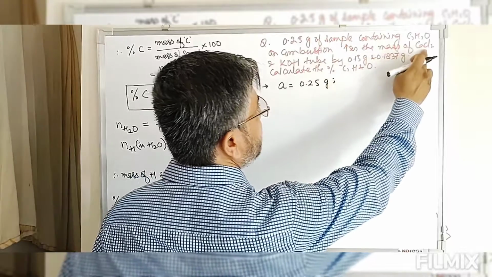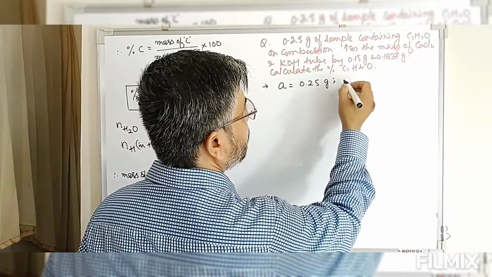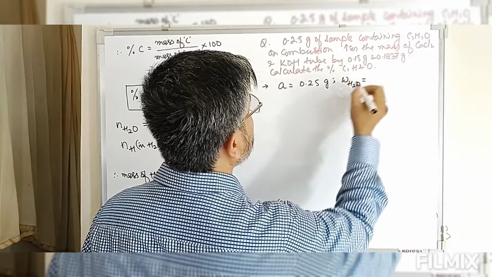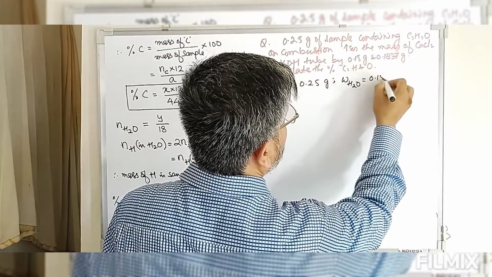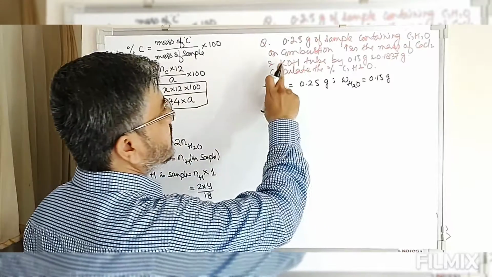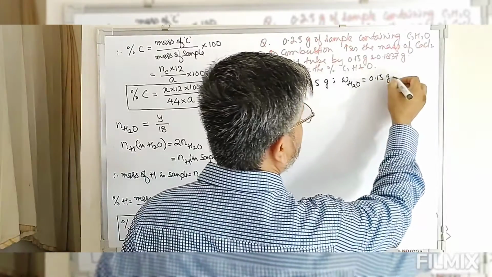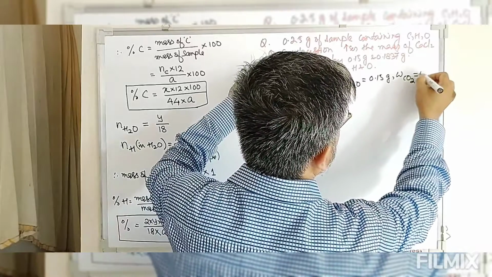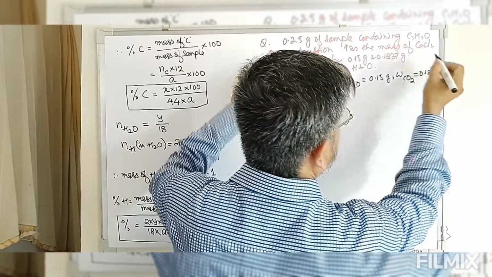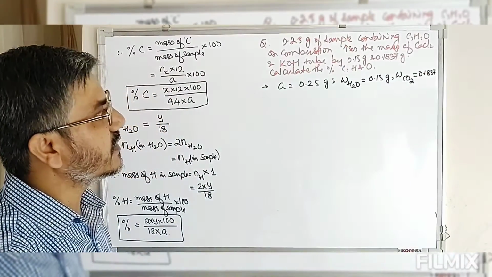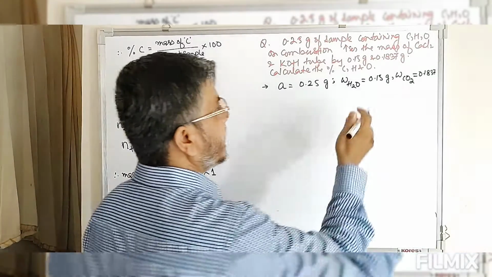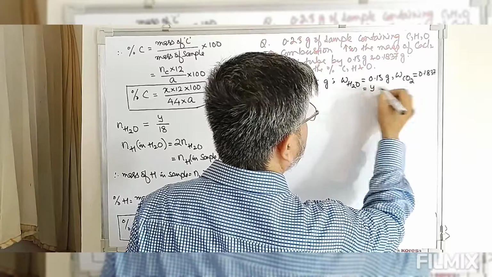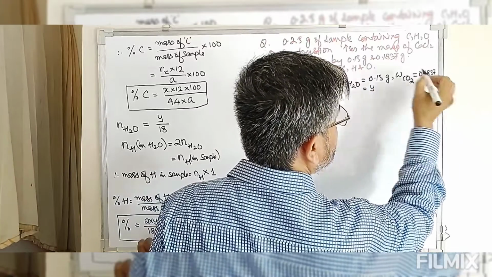The increase in mass of calcium chloride is equal to the mass of water formed, so the mass of water formed is 0.15 gram. The increase in mass of potassium hydroxide is equal to the mass of carbon dioxide formed, which is 0.1837. So now we have the mass of water and the mass of carbon dioxide. The mass of water is taken as Y, and the mass of carbon dioxide is taken as X.